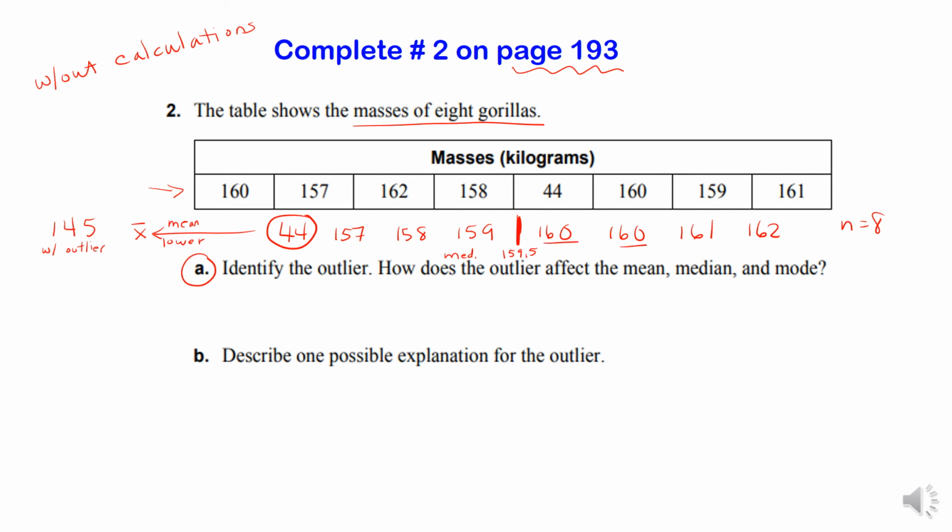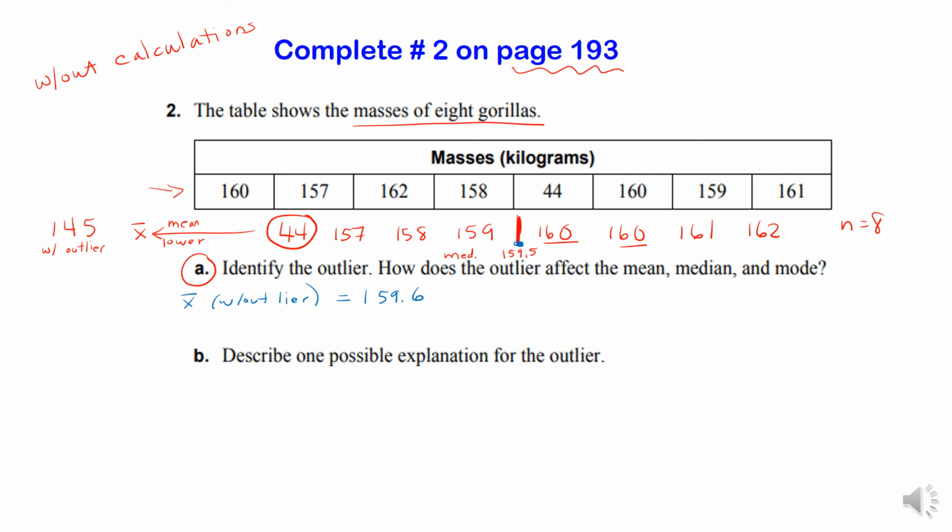Okay, so now we're going to look at it, and we're going to take out the outlier. So we're going to take out the 44, and we're going to recalculate our mean without the outlier. We expect it to go up, okay, because we've subtracted this one lower number, and sure enough, our new mean is 159.6, which is right here, right where the median is.